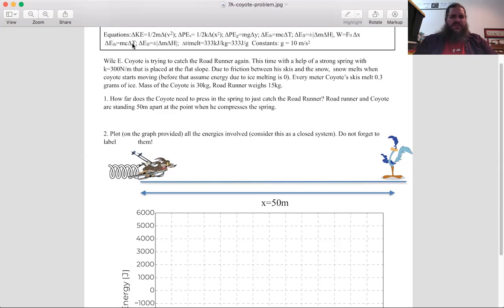And I think conservation of energy would be a good approach here, because we know that we have several quantities changing that are all indicators for energies we already know about. Specifically, if we go from launching from the spring to just barely reaching the Roadrunner, what kinds of energy should we expect to be changing?